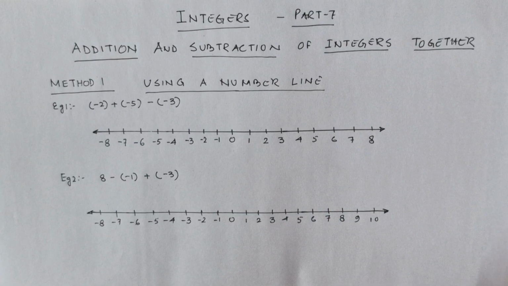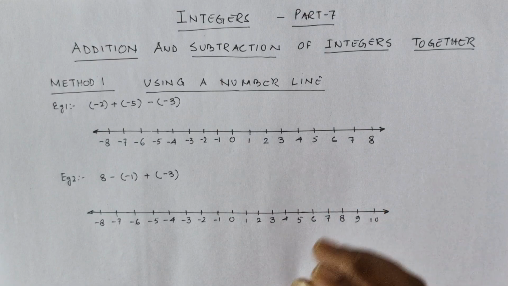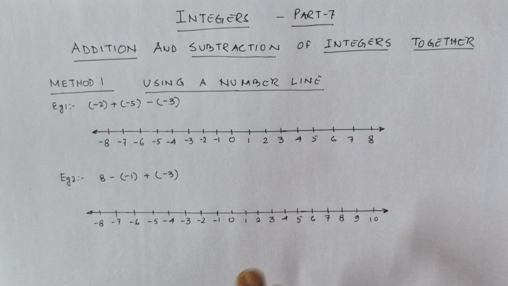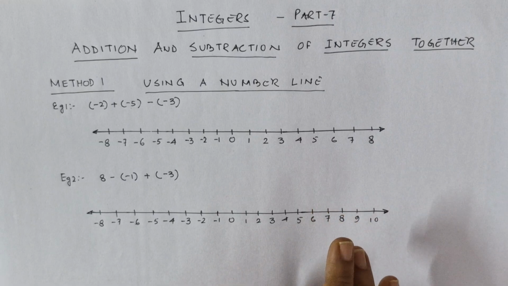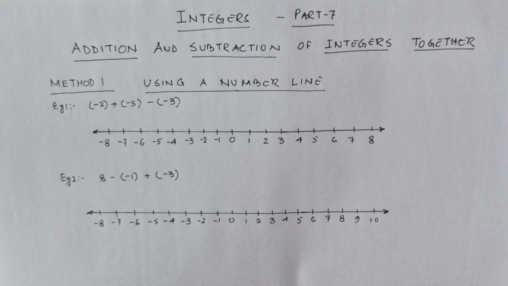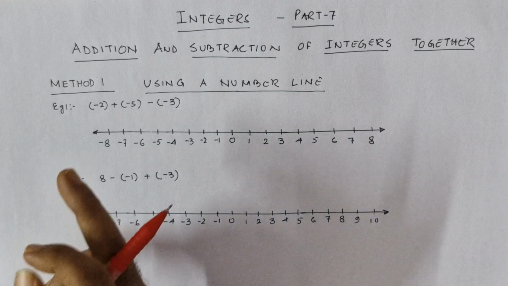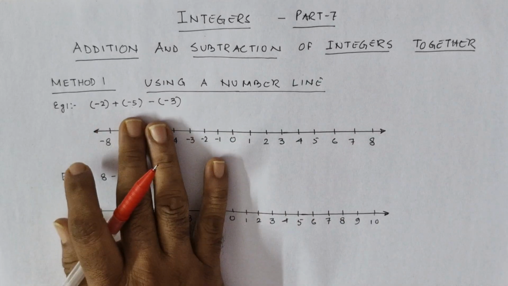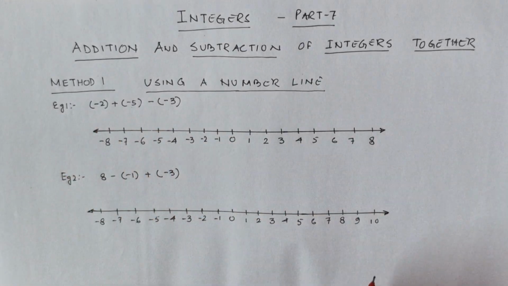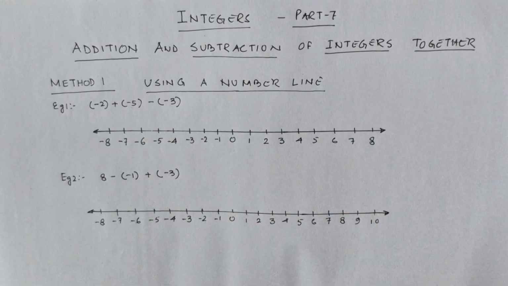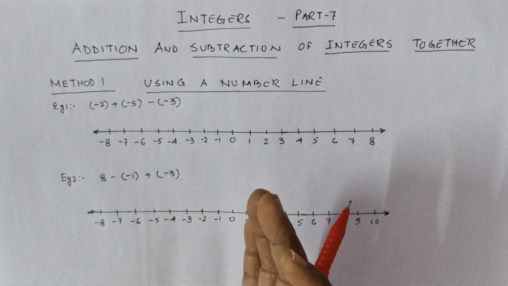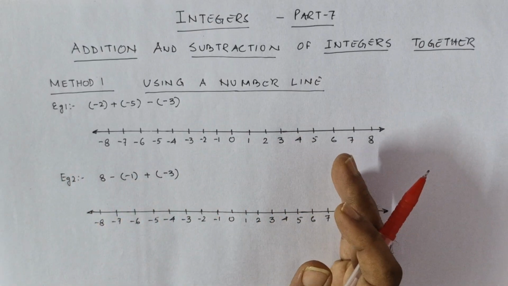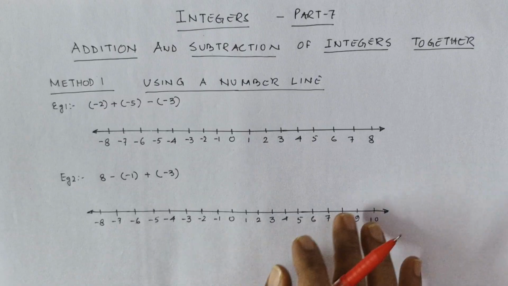If there are parentheses which say you have to do something else, then you need to follow BODMAS rules. But if there are only positive and negative integers and you have to do either addition or subtraction or both, then you just need to solve the problem from left to right. Just remember that.